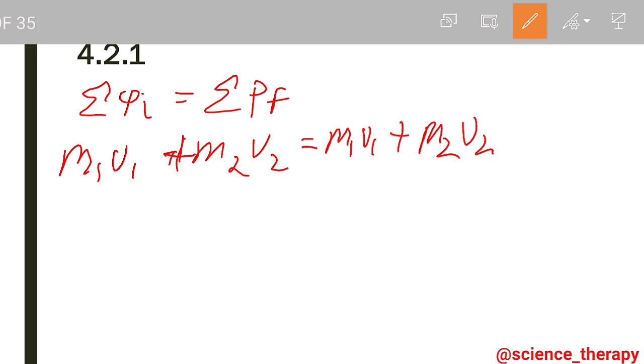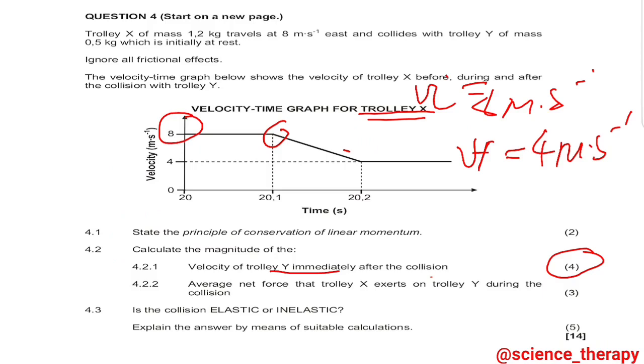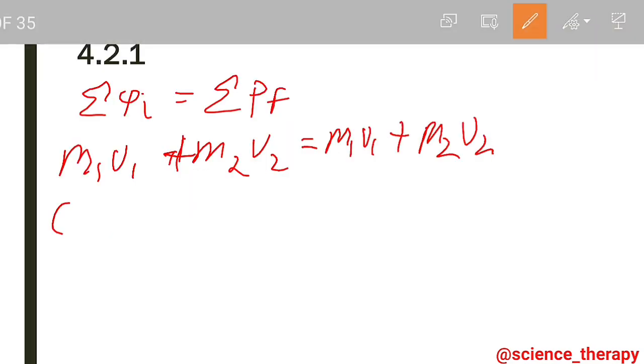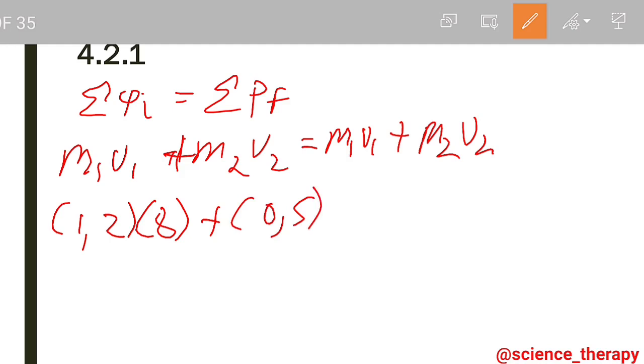Now what is the mass of object 1? If we take object 1 as trolley X, that means the mass is 1.2, and the velocity initially is 8. Then the mass of object 2 is 0.5, and the velocity initially is 0 since it was at rest.